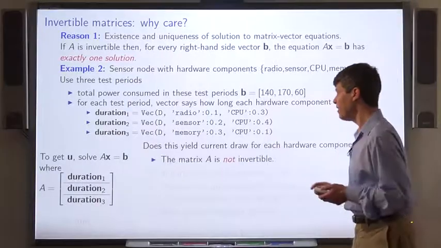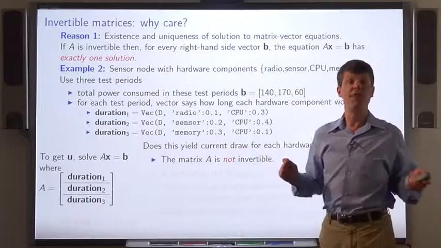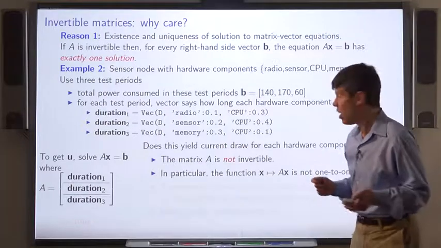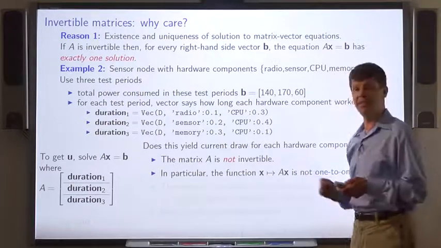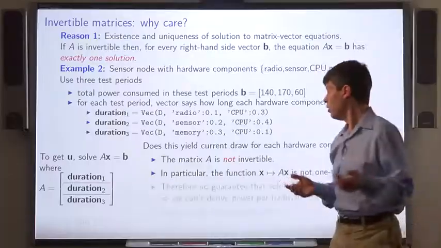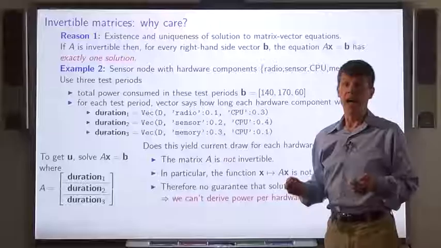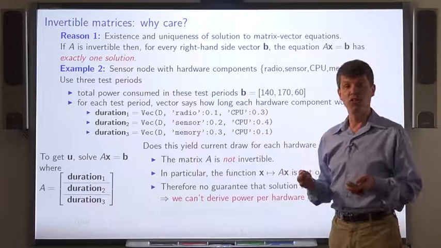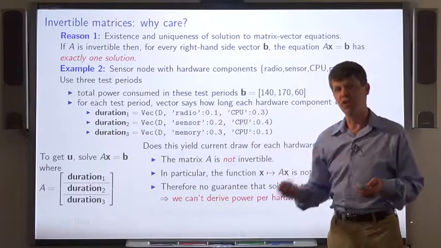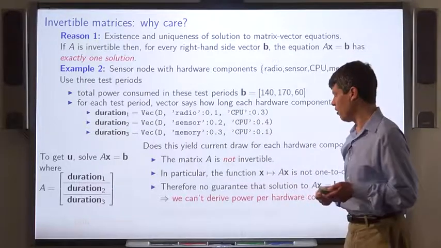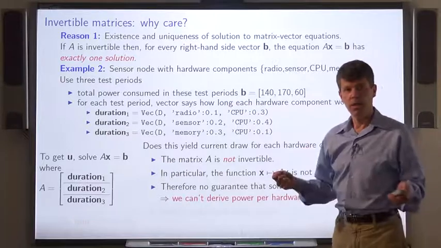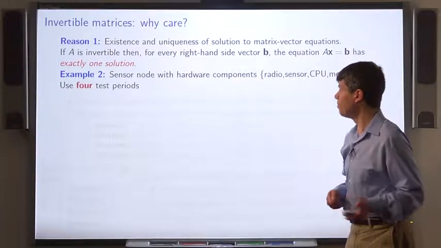It turns out in this case that this matrix is not invertible. In particular, the function that maps x to A times x is not 1 to 1. So there's no guarantee that there's only one solution to the equation. And therefore, by using solve to get a solution to this, we might not get the solution giving the current draw for each of the hardware components. We have to add more test periods.